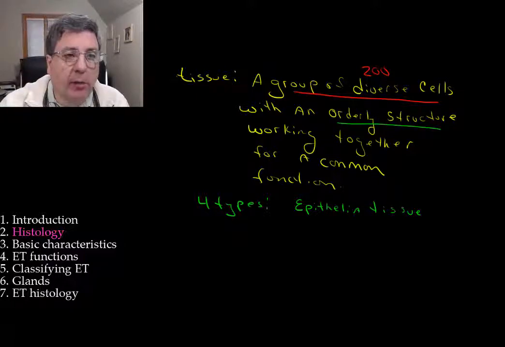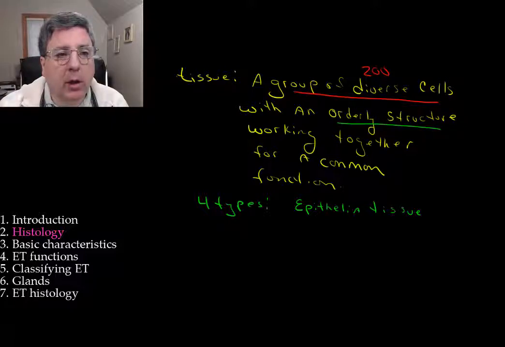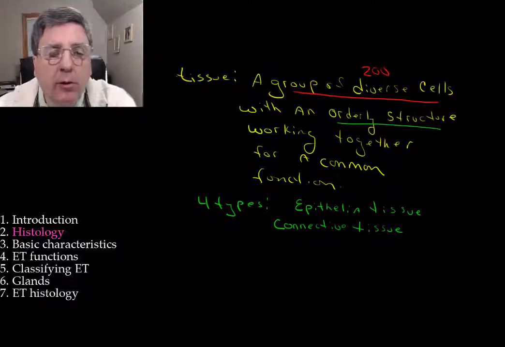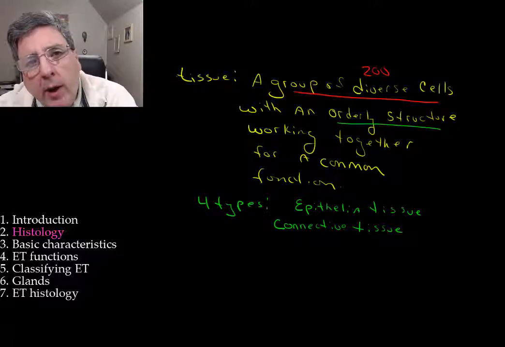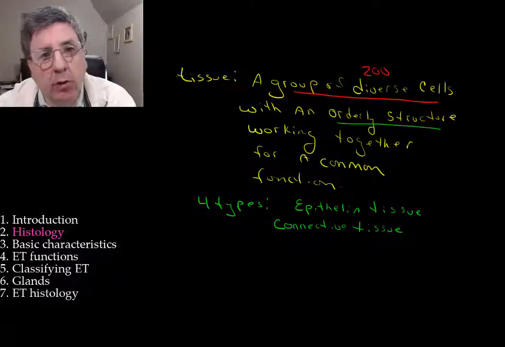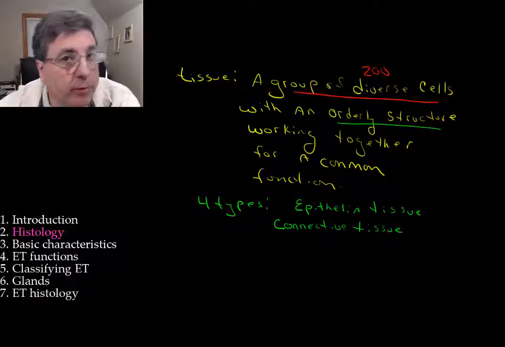The second type of tissue that we are going to be talking about is connective tissue. Connective tissue is a very large group of different types of cells performing different functions. This is going to be a very interesting one, because connective tissue can range from a solid structure, such as bone, all the way to a liquid structure, such as blood.